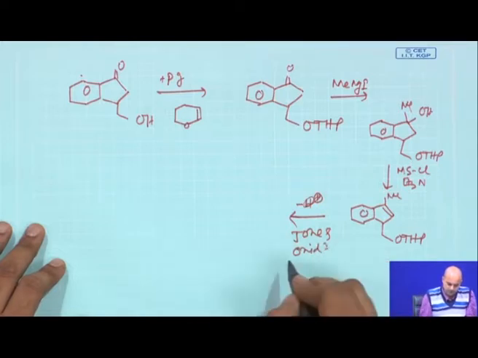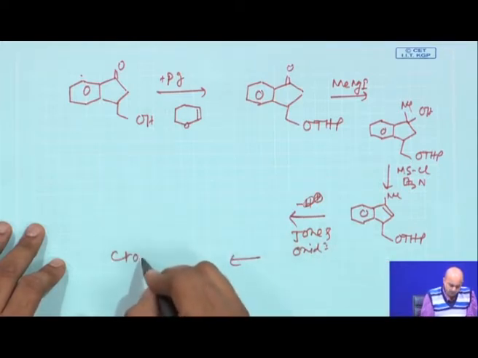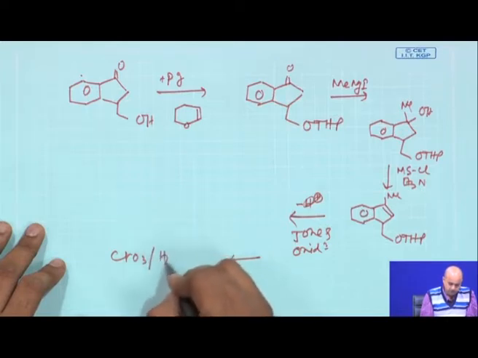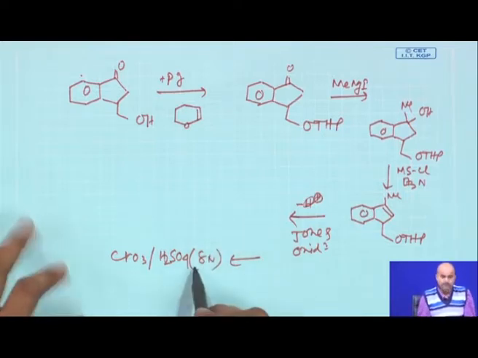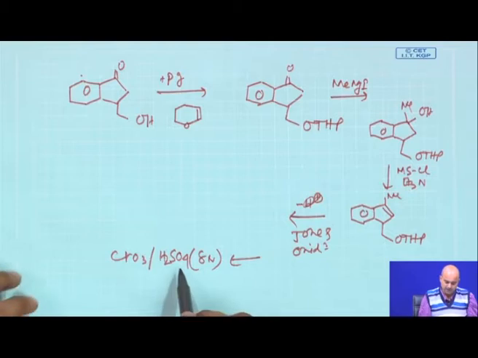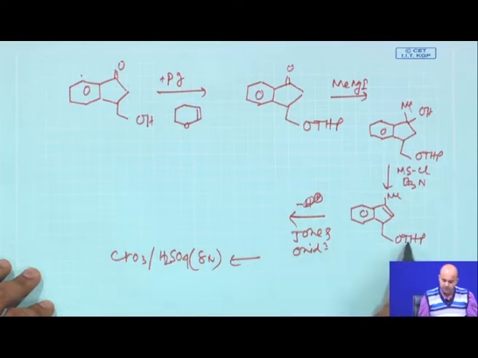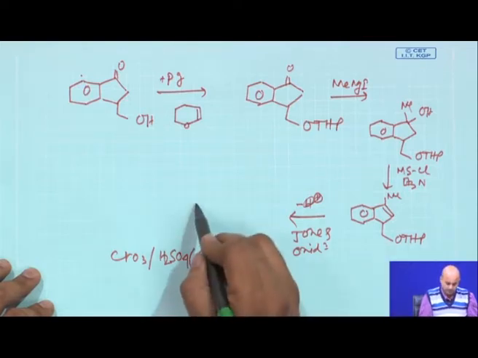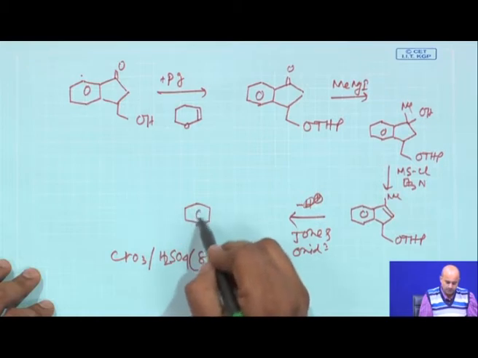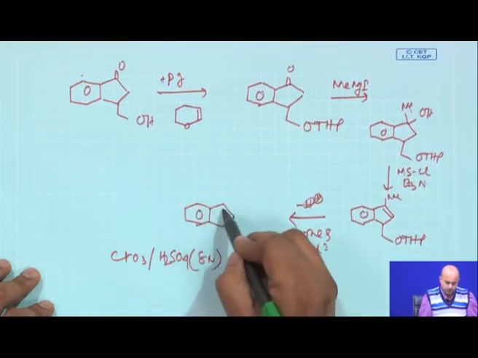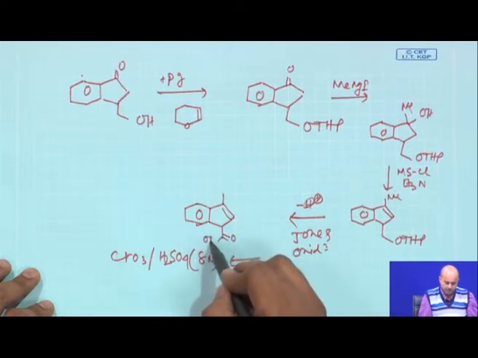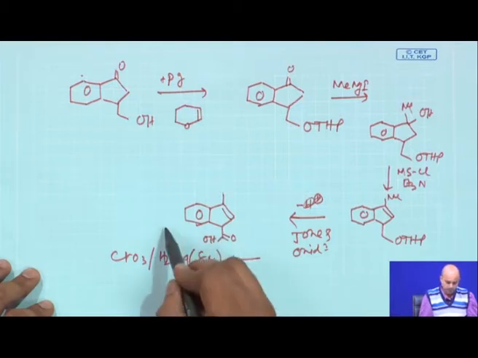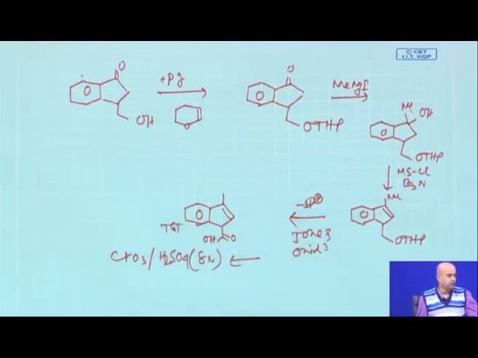Jones oxidation is basically a chromium trioxide based oxidizing system, used in concentrated sulfuric acid, 8 normal. This is a very strongly oxidizing, strongly acidic condition. So what happened? First, if you treat this compound with Jones reagent, OTHP removal takes place initially, and then subsequently this alcohol was oxidized to the corresponding acid. So this was the target molecule which was initially given to you.